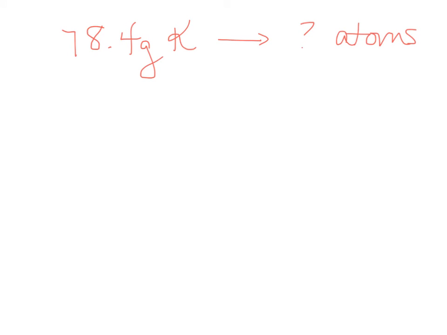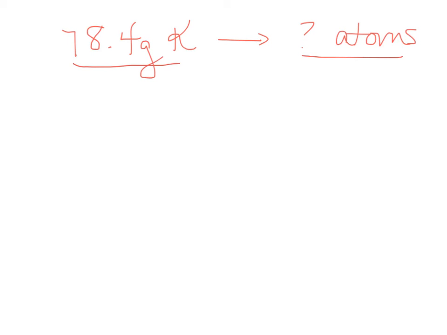Alrighty, so I'm going to make a little plan first. My given information was 78.4 grams of potassium, and the problem asked for atoms. I now know that if I don't read anything about moles in the question itself, that means I need to go through moles.